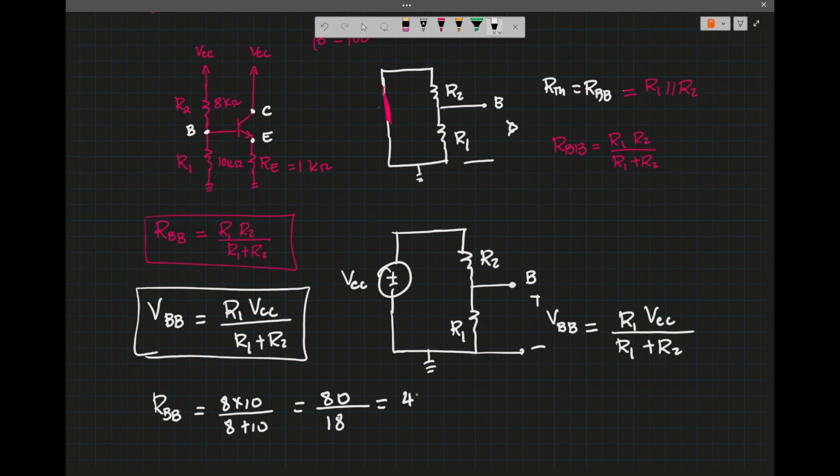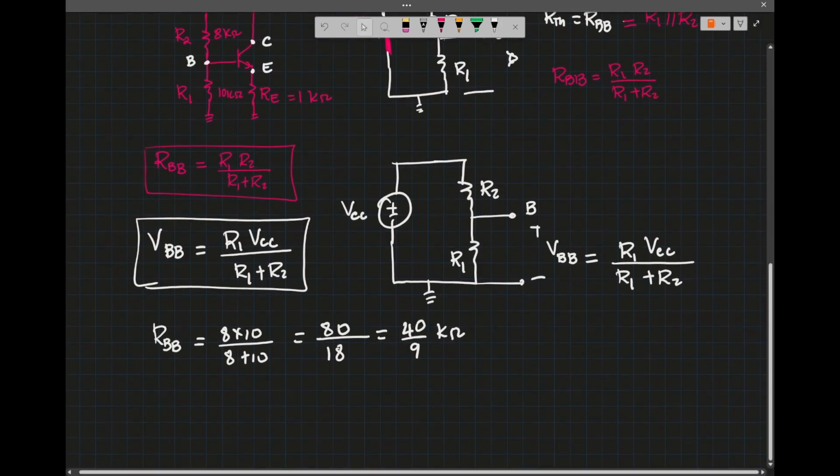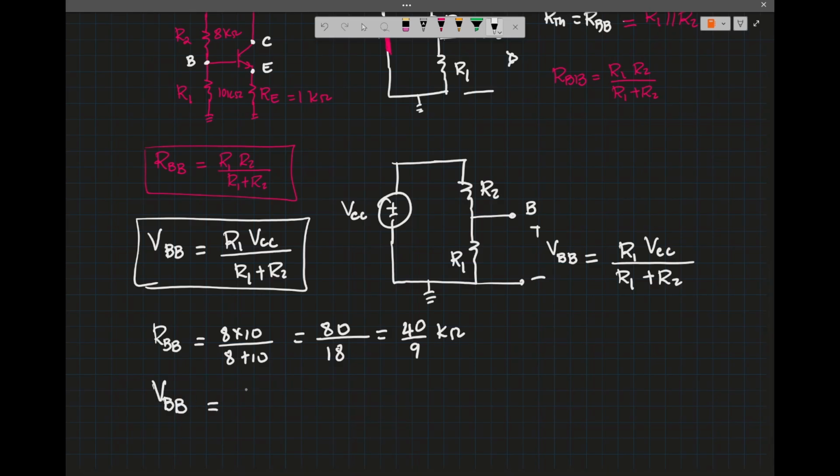So 40 over 9 K. Now VBB is 10, just R1, 10 times VCC, which is 10, divided by 10 plus 8.